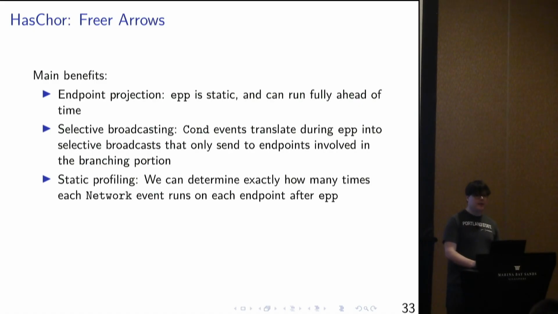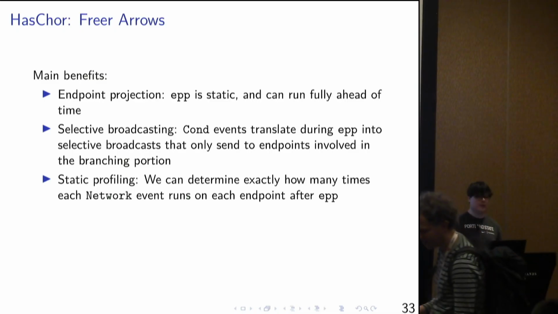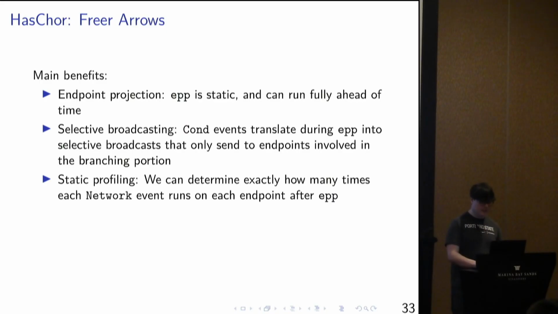We could do static profiling if we wanted to. Without needing to run examples of the choreographies, we could construct them and then inspect them to see how many events are running. If we project them to the endpoints, we can see how many sends and receives or local computations happen on each one without ever needing to simulate it.